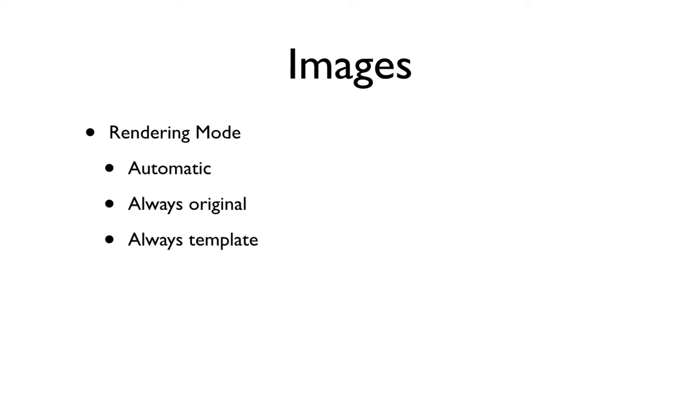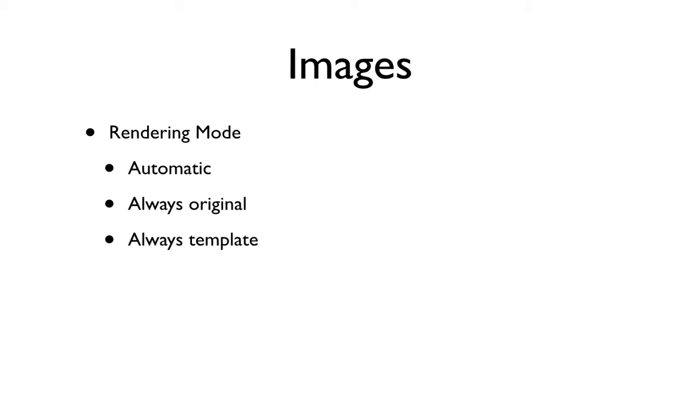Now for images we can have a rendering mode: automatic, always use the original, or always use the template. Automatic means the OS will choose the original or template based on the context.